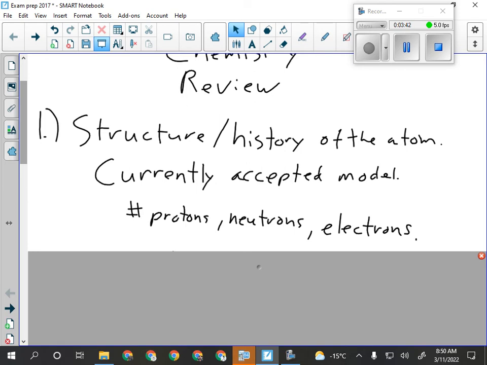Okay, so that's what you're going to be asked to do. I will just pick an element off the periodic table and say, draw a picture of it. Now, I'm not going to pick uranium where you have to draw 200 particles. I'll pick something simple so it doesn't take you forever to draw. So know the correct model, know where everything goes, and know how to get the right number of protons, neutrons, and electrons.